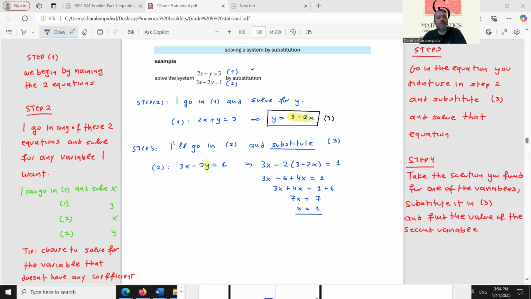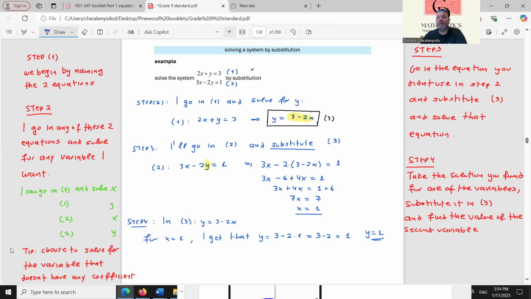So this means that I should now go in the third one, which is y equals 3 minus 2x, and say that for x equals 1, I get that y is 3 minus 2 times 1, which means 3 minus 2 equals 1, and that is the value of y.